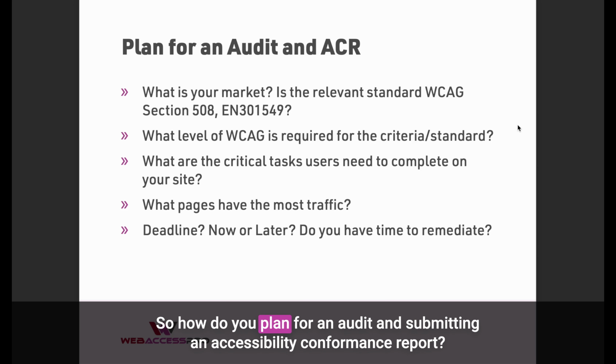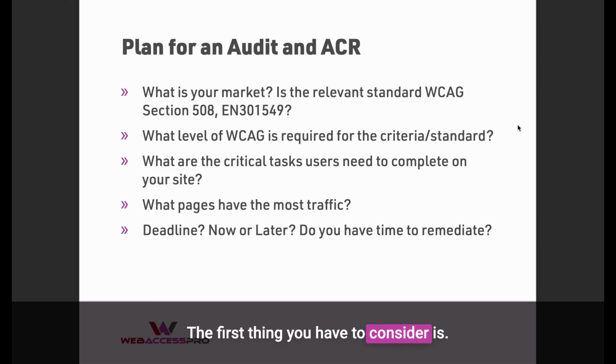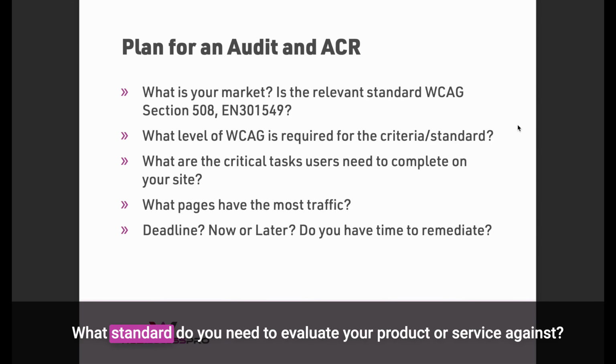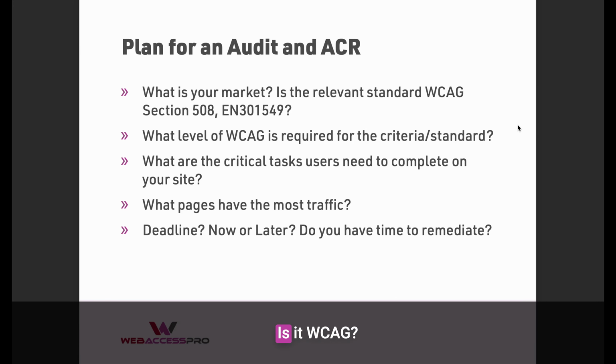So how do you plan for an audit and submitting an accessibility conformance report? The first thing you have to consider is, what is your market? What standard do you need to evaluate your product or service against? Is it WCAG? Is it Section 508? Is it EN 301549?